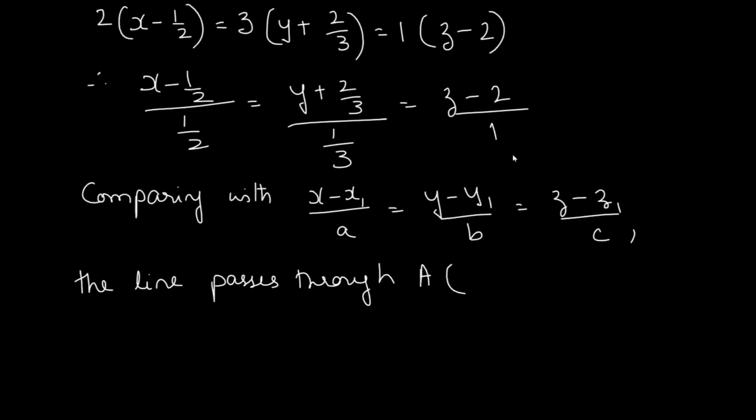So in this case, it becomes 1 upon 2, minus 2 upon 3 and 2. So the line passes through this particular point, which has these coordinates, and has direction ratios.